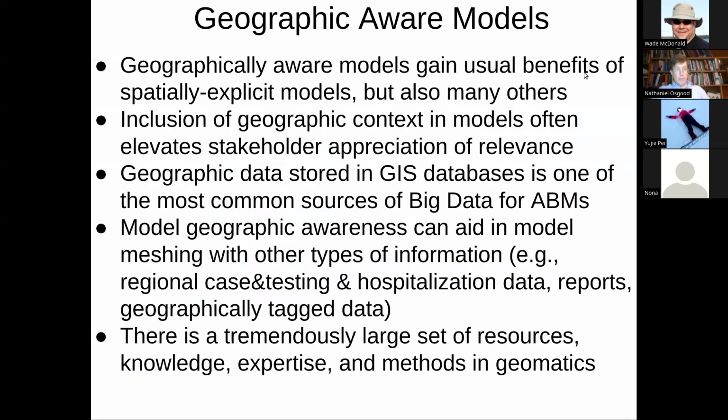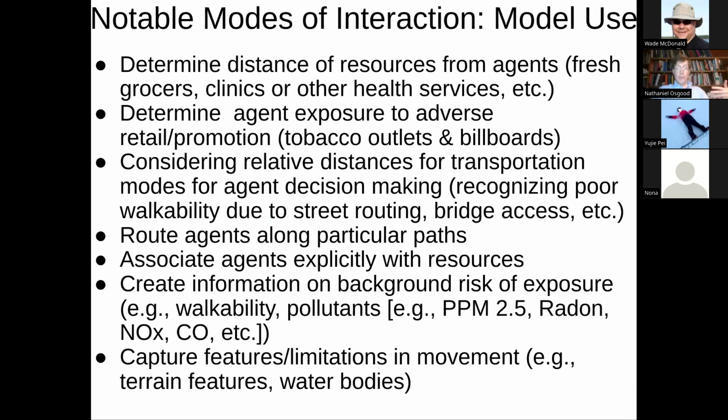And just reflecting on what are some of the advantages? Why might you do this? What affordances could it offer? What might you do in principle, like determine exposures or distance of resources from agents, from a clinic, or from a police station, or from a grocery store, or what have you.